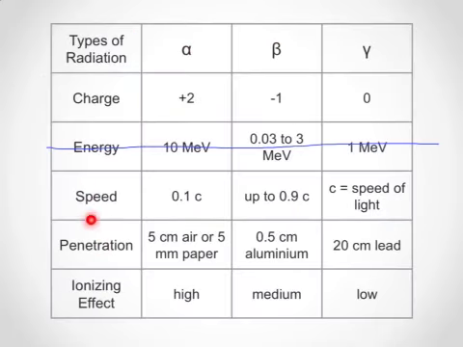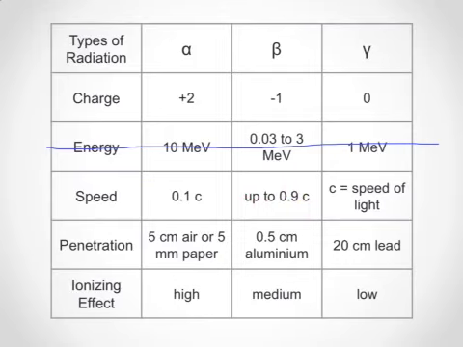This table here lists some of the properties of these 3 types of radiation. Charge: alpha is positive 2, as you've seen. Beta is negative 1, gamma having no charge. Speed: alpha can travel at about 10% the speed of light. Beta, being much smaller and lighter, can travel up to 90% of the speed of light.